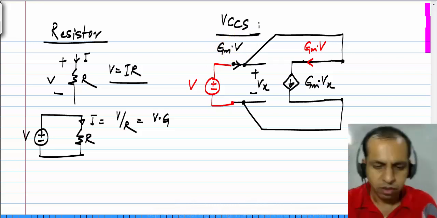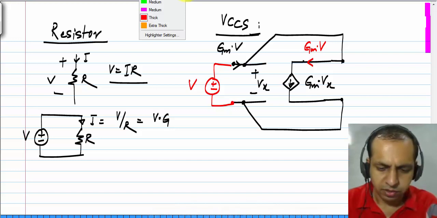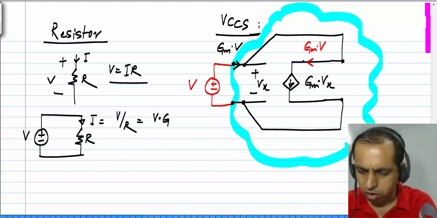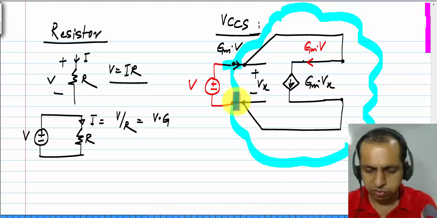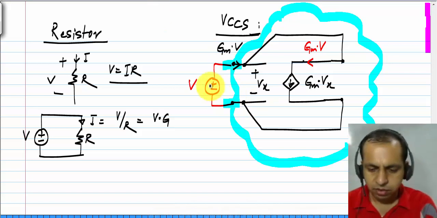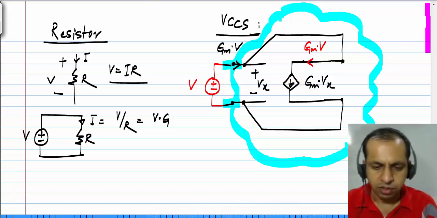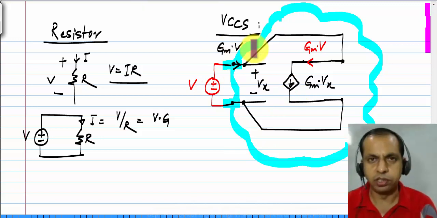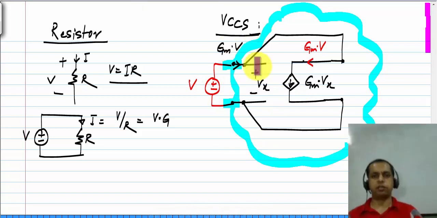Okay. Now if you consider the circuit within this boundary, that is between these two terminals, what do you see? As far as this voltage source is concerned, when it's connected to this particular circuit, it draws a current Gm times V, that is, it draws a current proportional to the voltage. So from those two terminals you cannot distinguish this from a resistor.